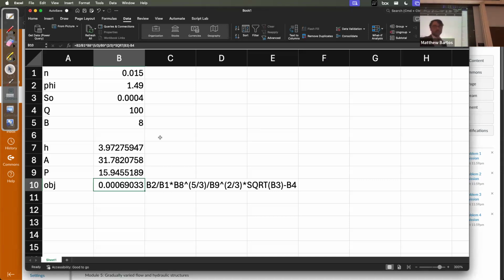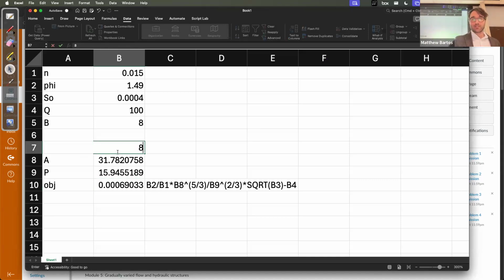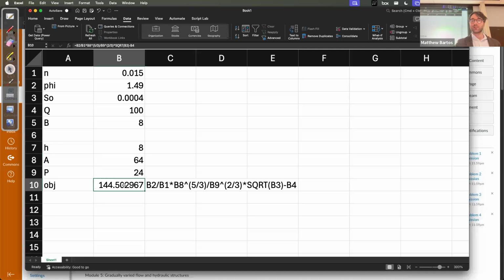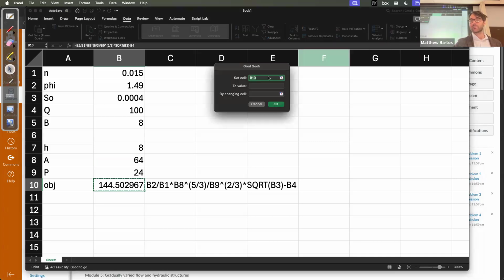Yeah. So let's go ahead and change back our depth value H. What I did was I went to what if analysis, goal seek. I'm going to set cell B10 containing our objective function to value of 0.